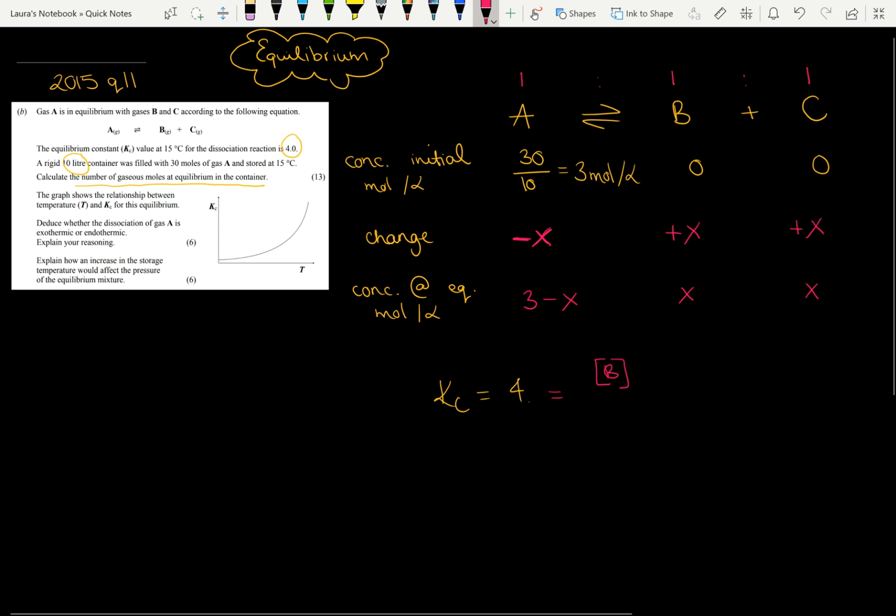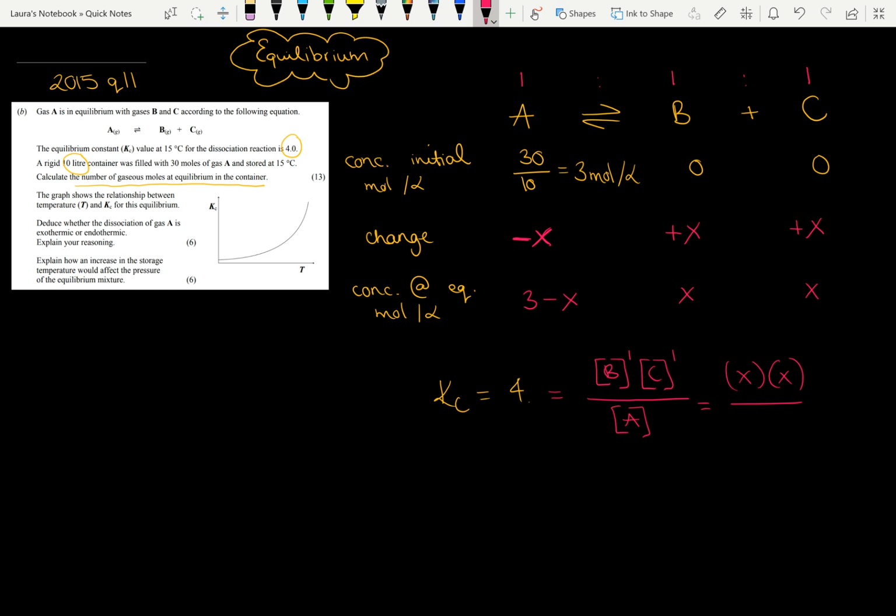I've got the concentration at equilibrium in moles per litre of B, raised to the power of 1, and the same for C, because the coefficient of each of those in the equation is 1, divided by the concentration of A at equilibrium. So I can put those numbers in now. I've got X times X, divided by 3 minus X, and I know that that is equal to 4.